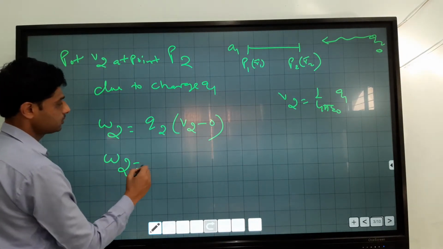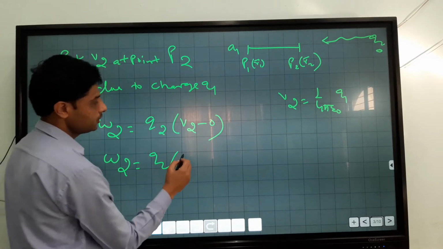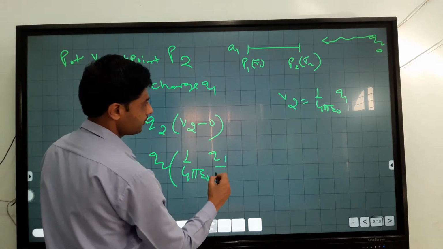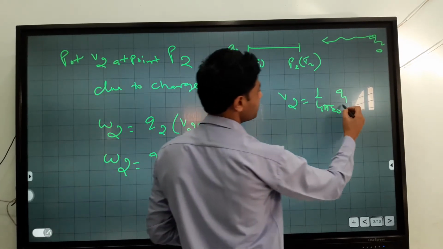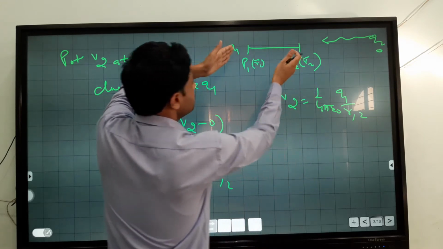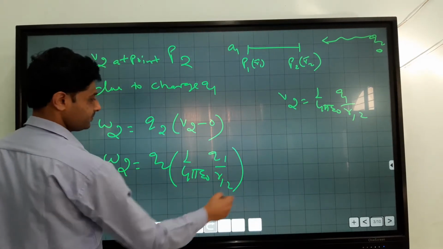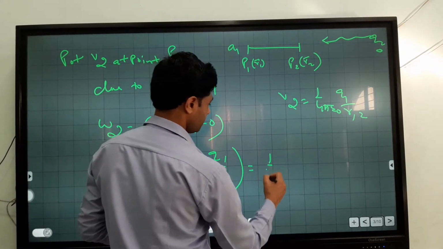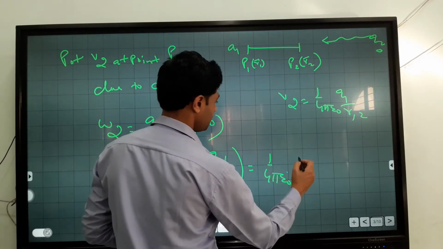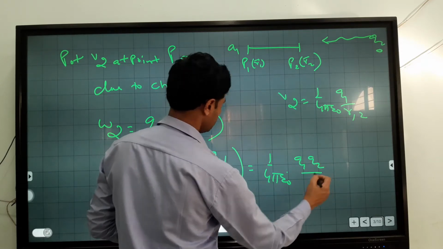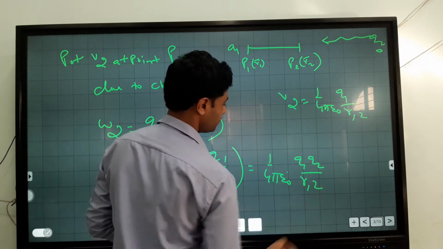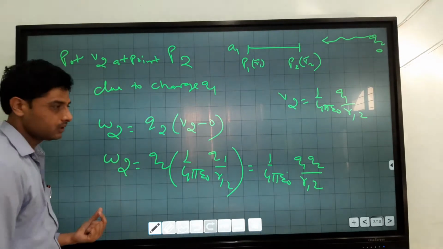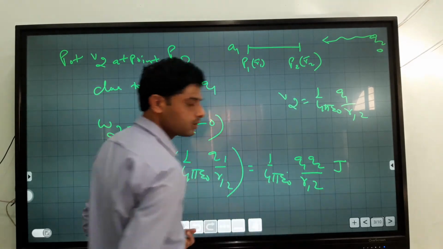So W2 equals Q2 into V2, where V2 is 1 upon 4 pi epsilon naught Q1 upon R12, and R12 is the distance between P1 and P2. So W2 equals 1 upon 4 pi epsilon naught Q1 Q2 upon R12. Joule is the unit of work done.